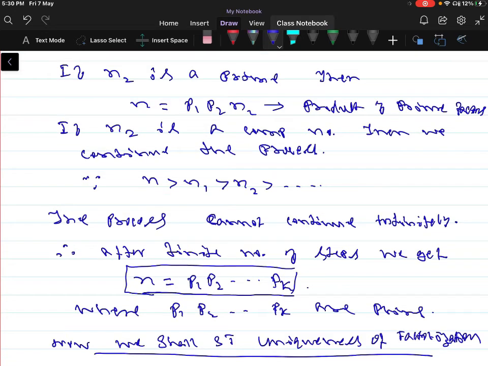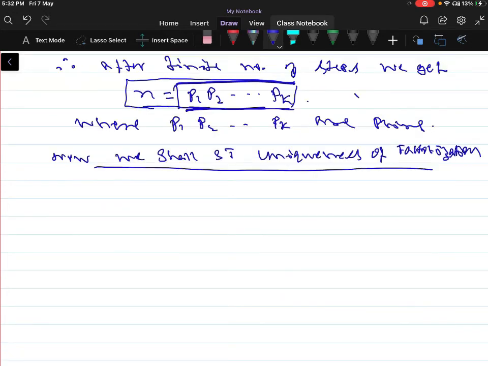Now to show the uniqueness of factorization, we know that n can be written as a product of prime factors p1 p2 and so on pk. Call this equation 1.